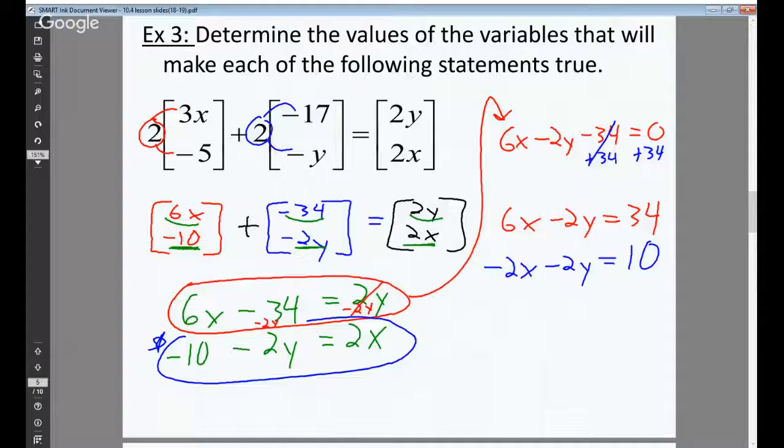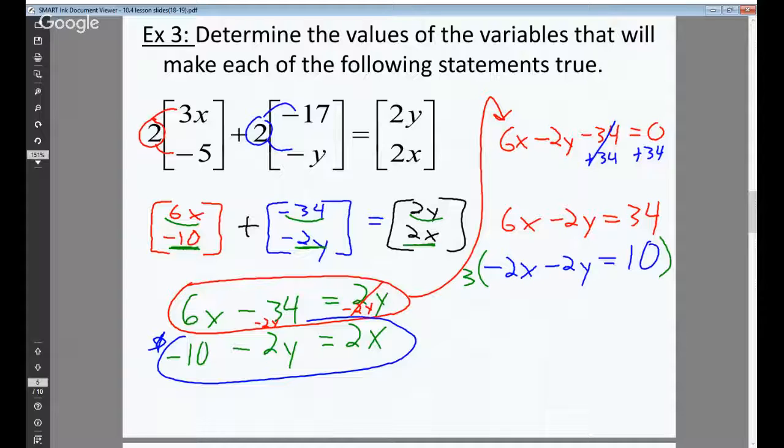And you can probably guess what we're going to have to do to get the x and the y. Yeah, you guessed it, we've got to do elimination. So there's multiple ways you can do elimination. You can either cancel out the y's or cancel out the x's. I am going to go ahead and cancel out the x's.